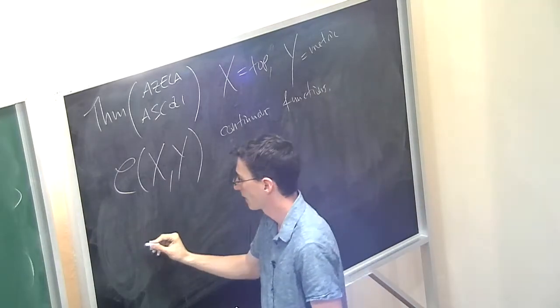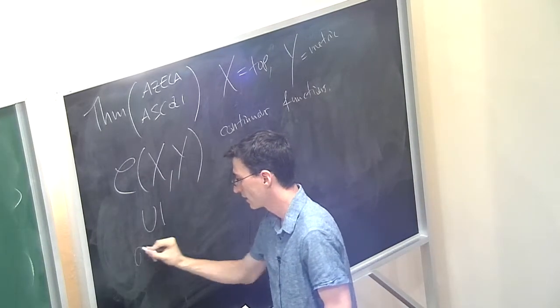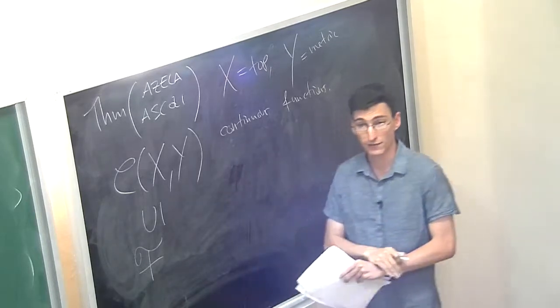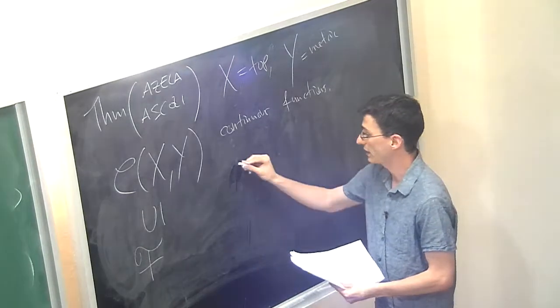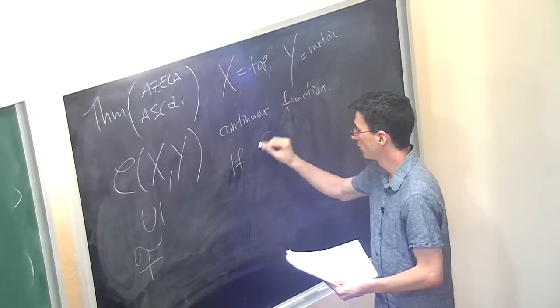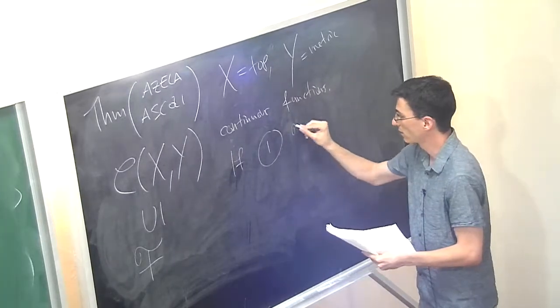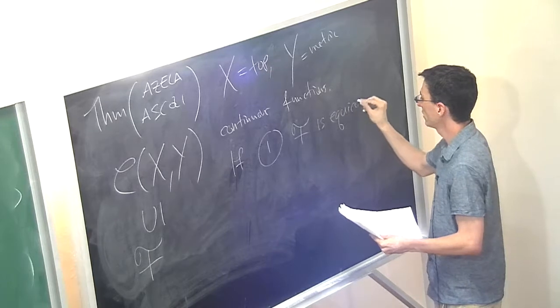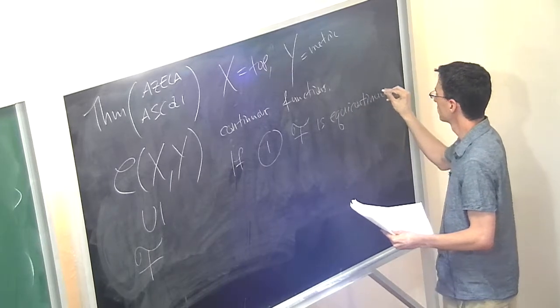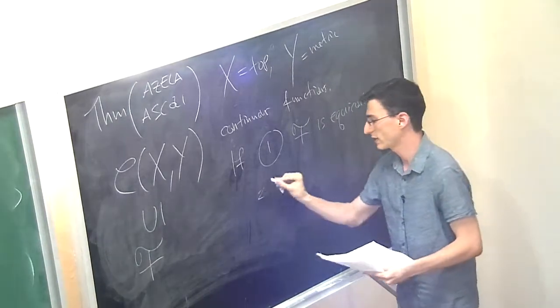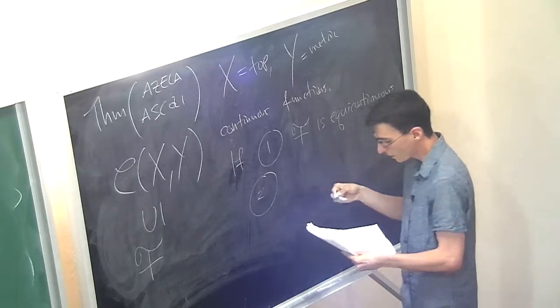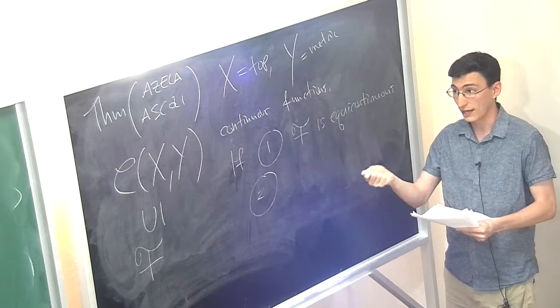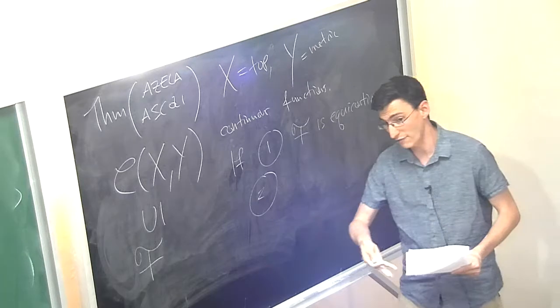So I'm going to have some family of functions. Let's say inside of here there's some script F family of functions, and I want to say, if one, script F is equicontinuous, and second thing is, you pick a point in X and you just look at the F orbit.